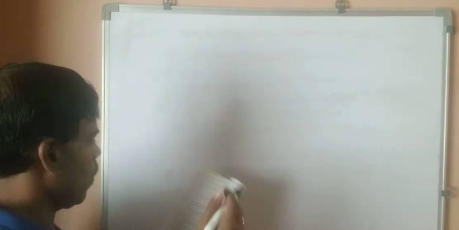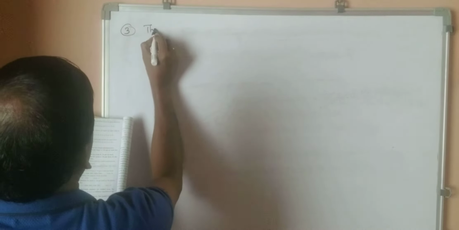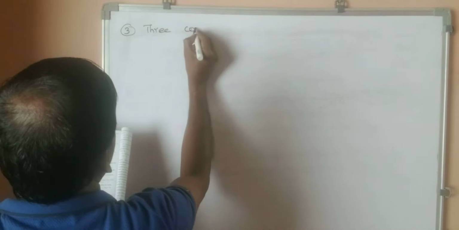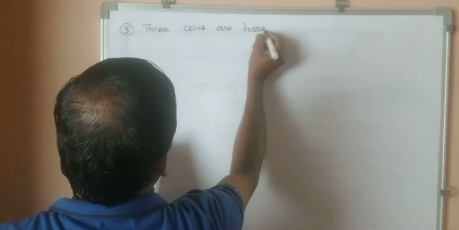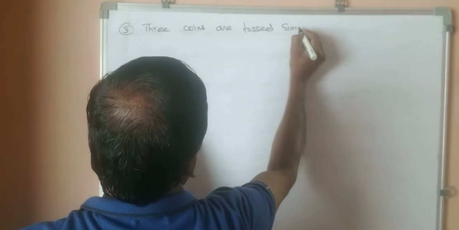We will see. Okay. So question number 3. 3 coins are tossed simultaneously.